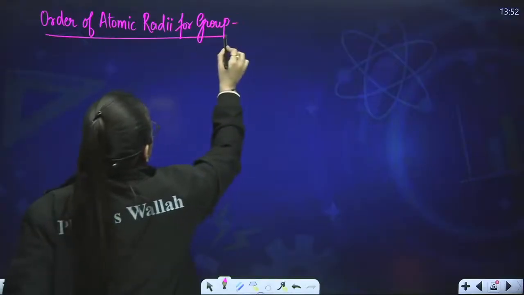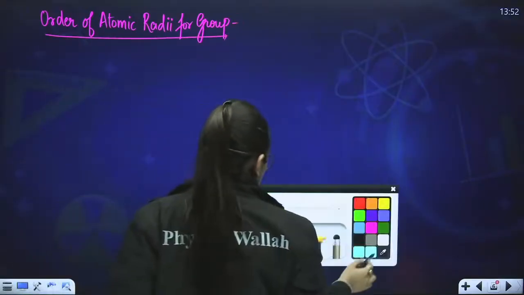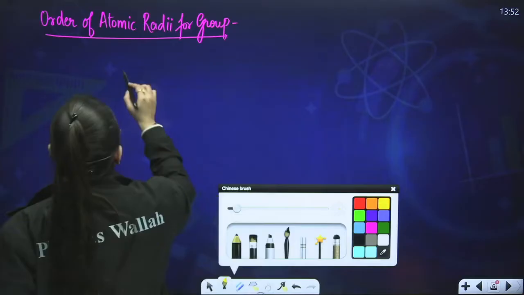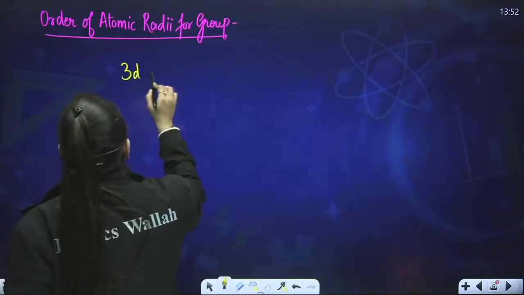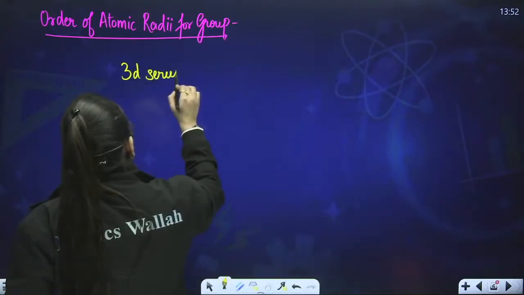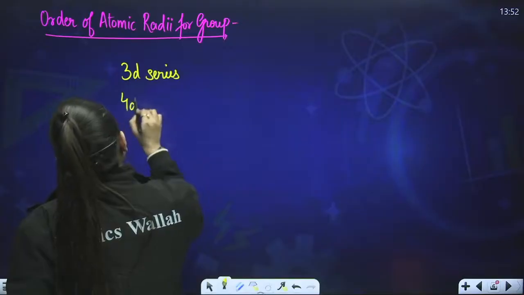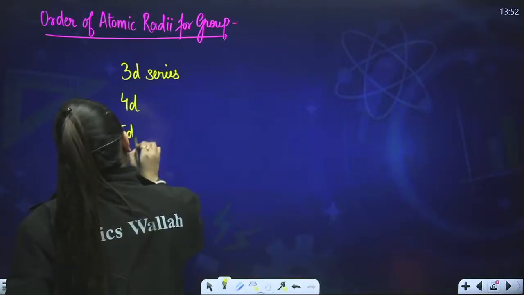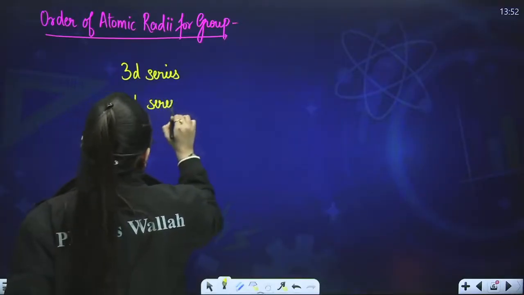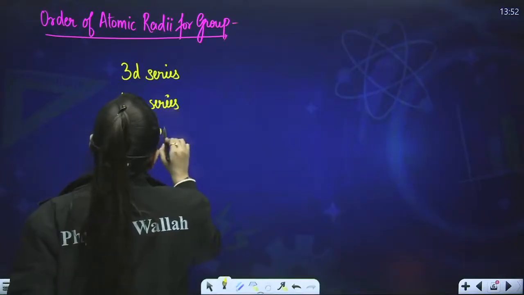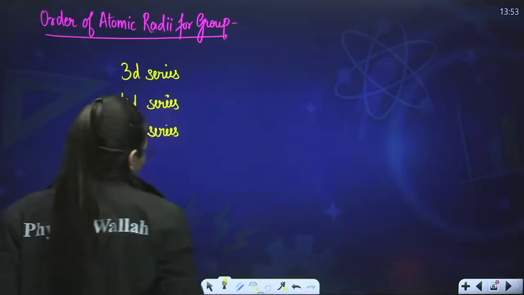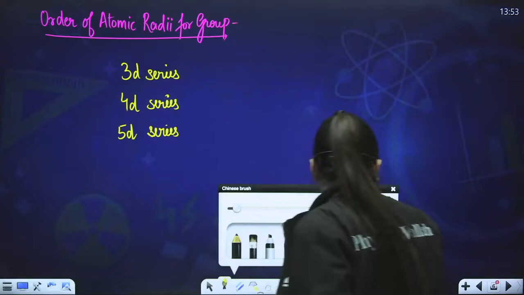Order of atomic radii for a group. Basically in a group we get the 3D series, the 4D series, the 5D series and so on. So what happens over here?